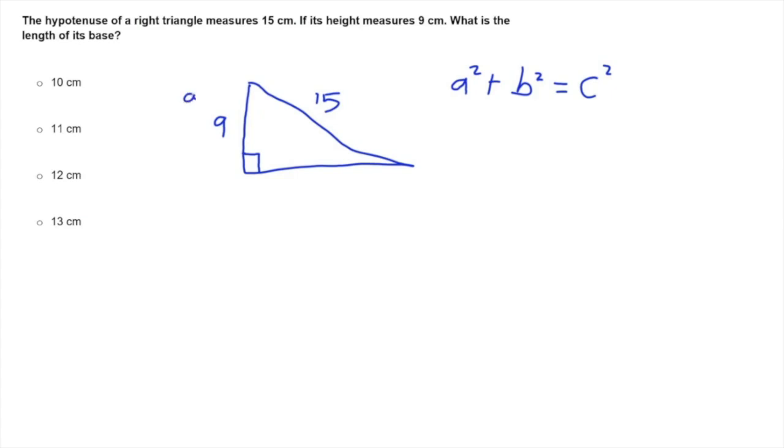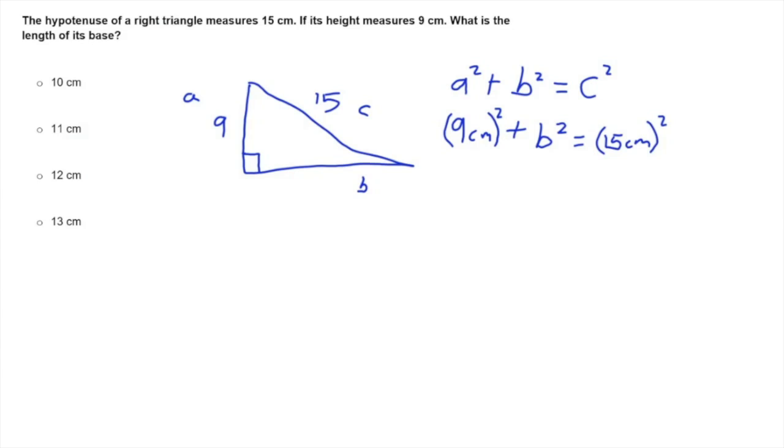So if this is going to be A, and our base is going to be B, and our hypotenuse is always C, then we have 9 centimeters squared plus, and this is the one we don't know, so we'll just leave the variable in there, B squared, equals 15 centimeters squared.